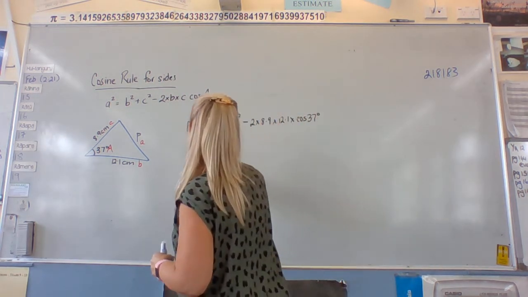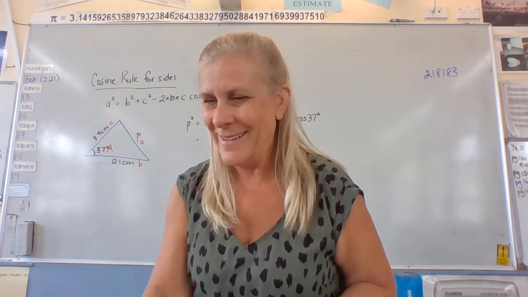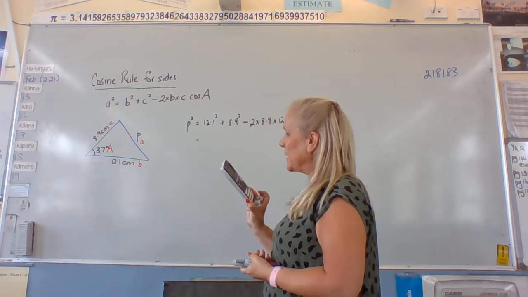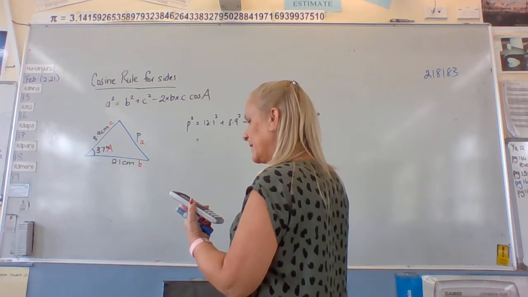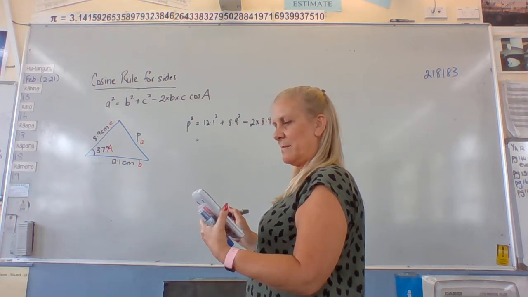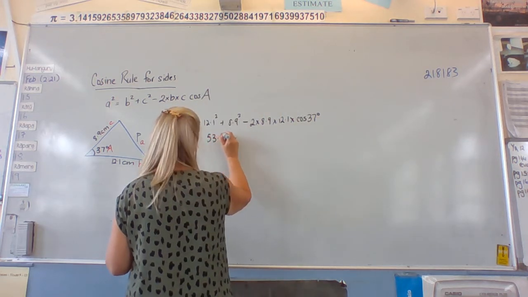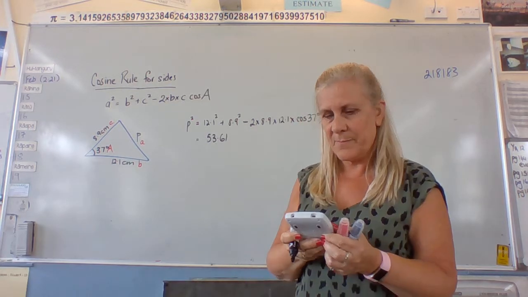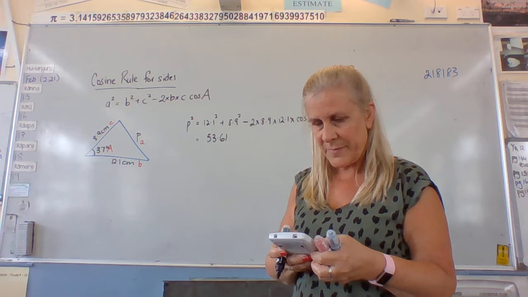What do we get? Anybody get something else? What did you get, Caleb? Oh, I know. 53.61. My calculator's going to be in another measurement instead. So annoying. I have to keep shifting it and setting it up.